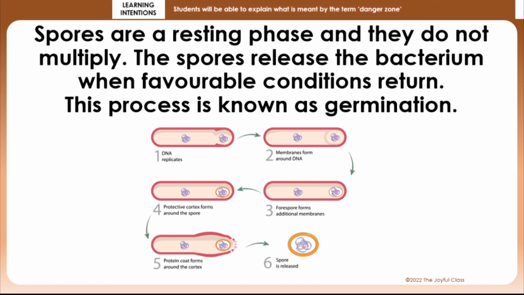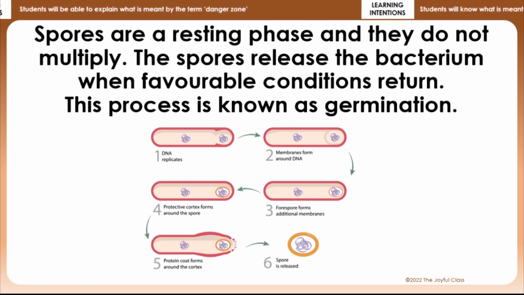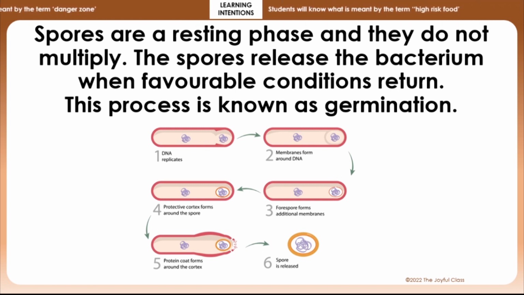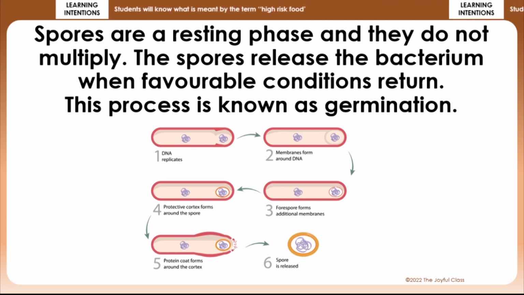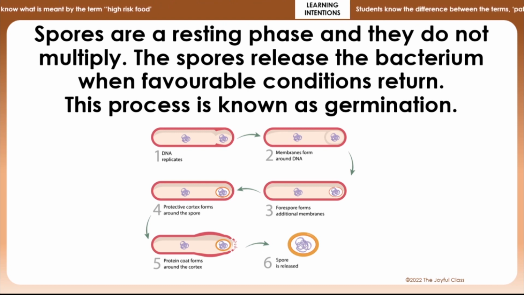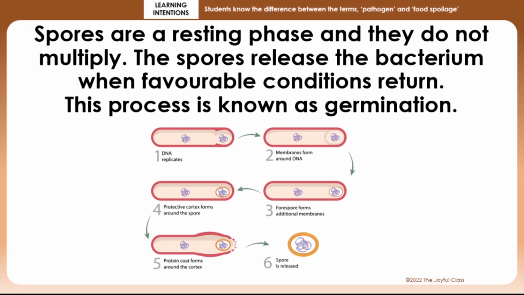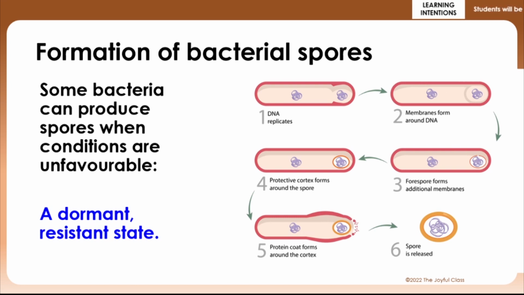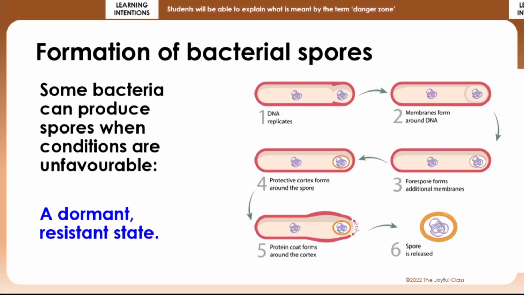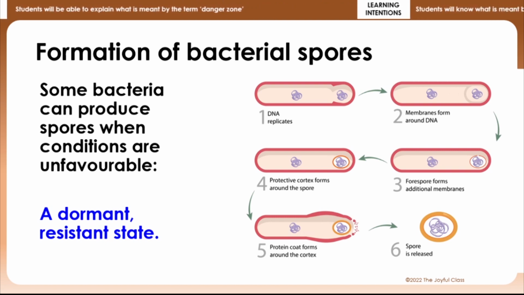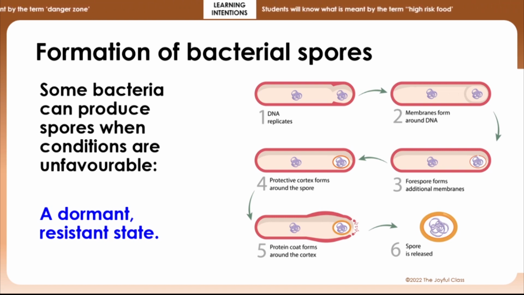The spores release the bacterium when the right conditions return. This process is known as germination. Some bacteria can produce spores when the conditions are unfavourable, and bacterial spores are a dormant resting state.